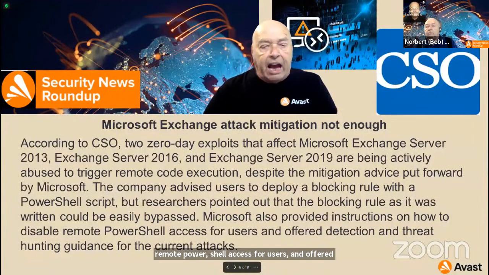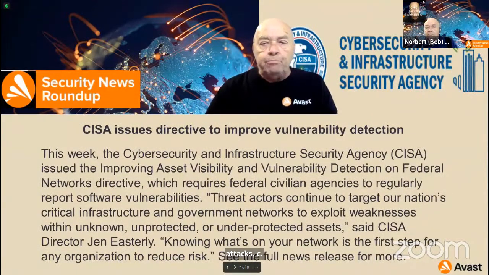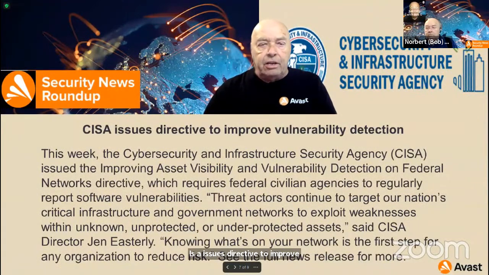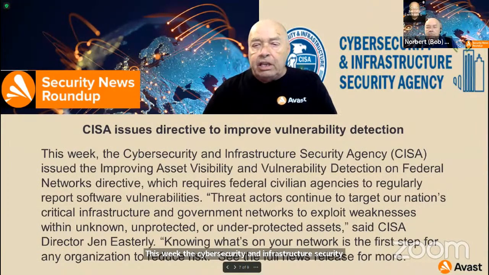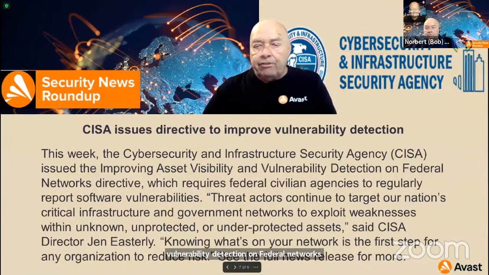CISA issues directive to improve vulnerability detection. This week, the Cybersecurity and Infrastructure Security Agency issued the Improving Asset Visibility and Vulnerability Detection on Federal Networks Directive, which requires federal civilian agencies to regularly report software vulnerabilities.